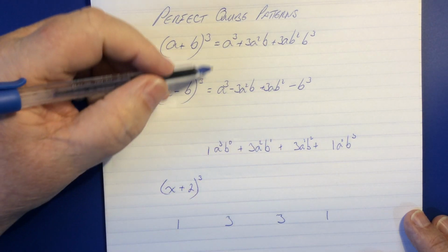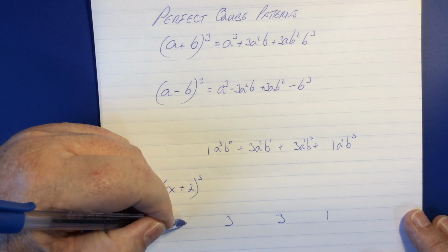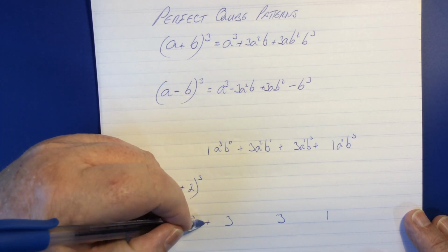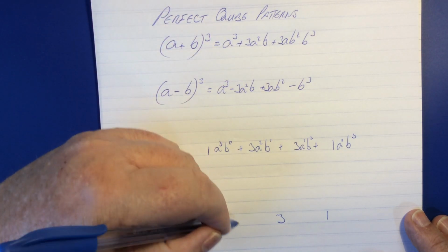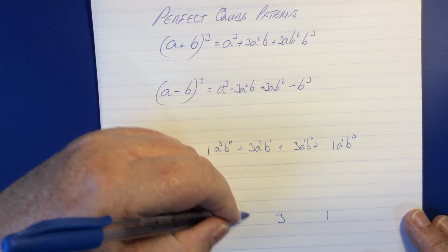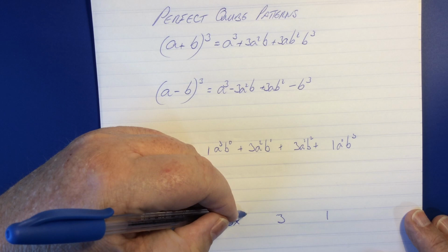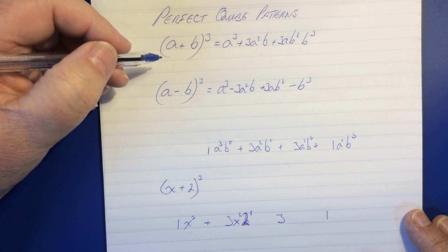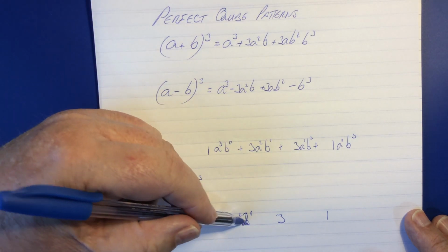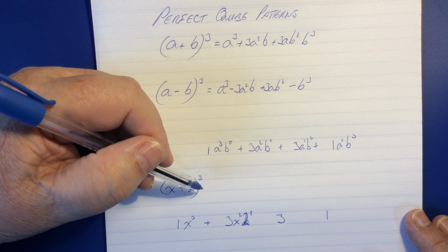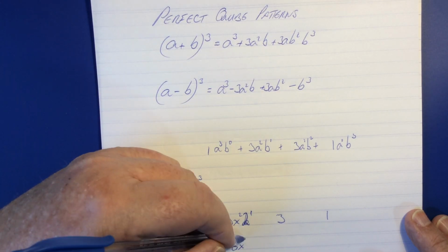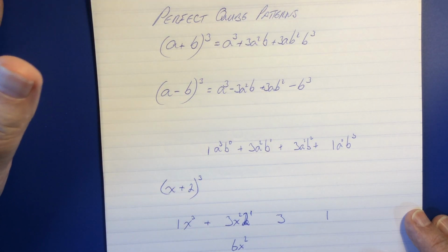Okay, so the first step is 1x cubed plus 3x squared times 2 to the power of 1. What that's going to do is give us 6x squared if we tidy that up.